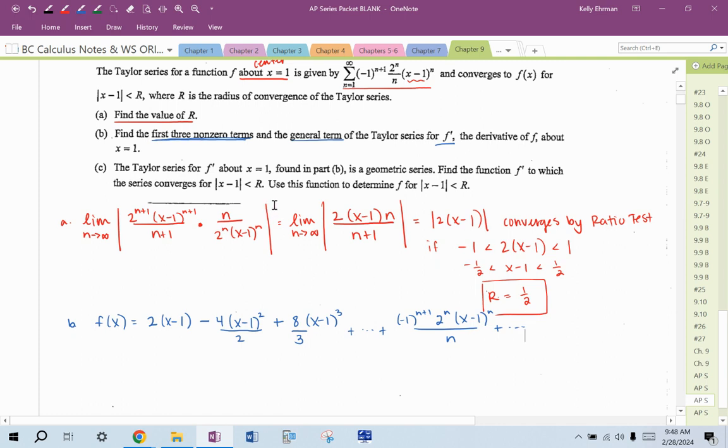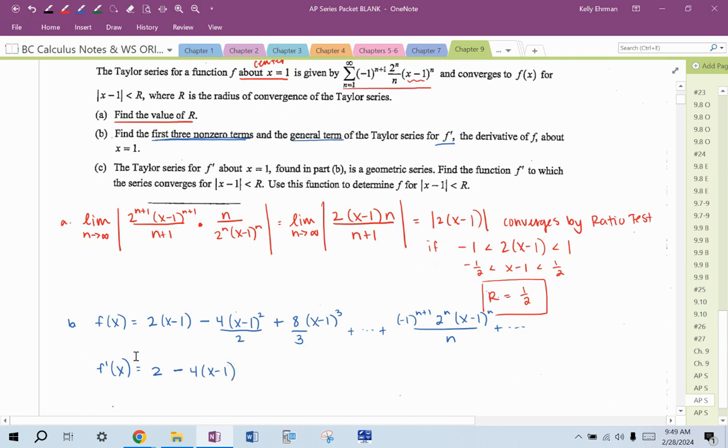So here's f of x. We're supposed to find the first three non-zero terms of f prime and the nth term, the general term for f prime. So all I have to do is take derivatives of each of these terms. The derivative of 2 times x minus 1 is just 2. You can simplify this if you want to. I'm going to pull the 2 down, so the 2's are going to cancel, and I'm going to get minus 4 times x minus 1.